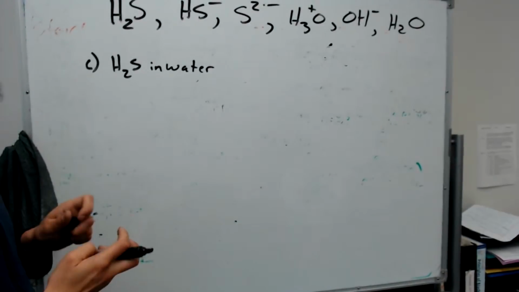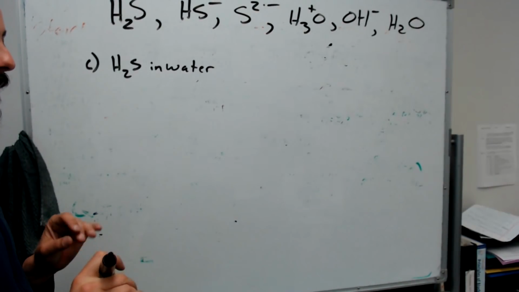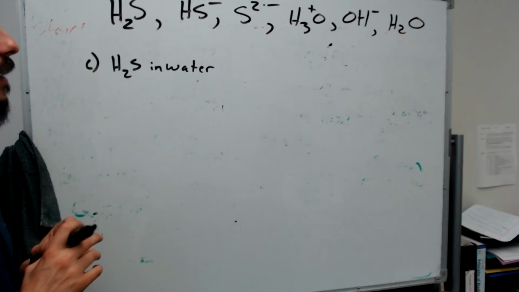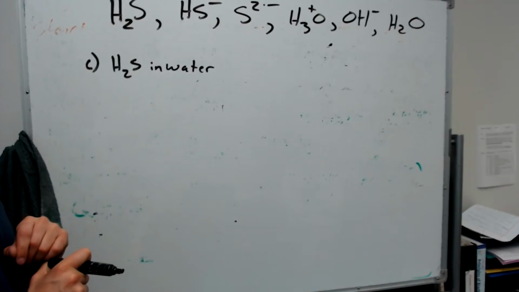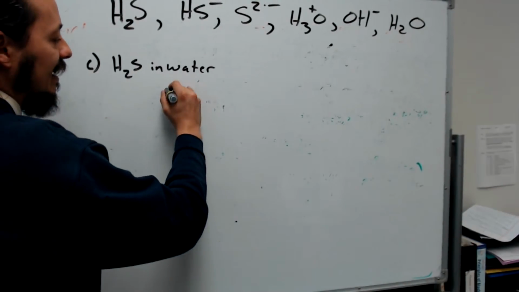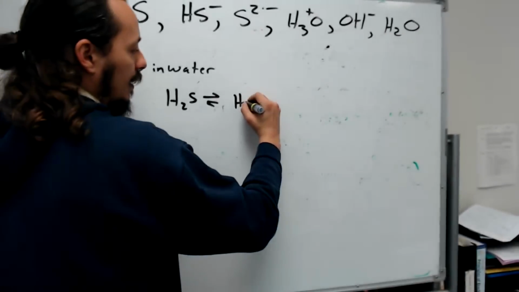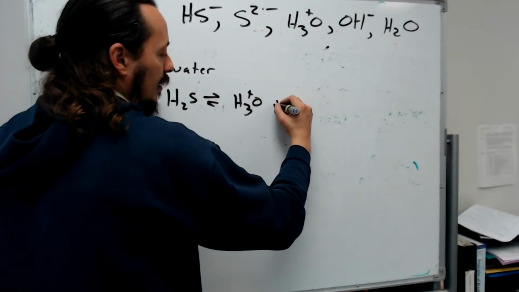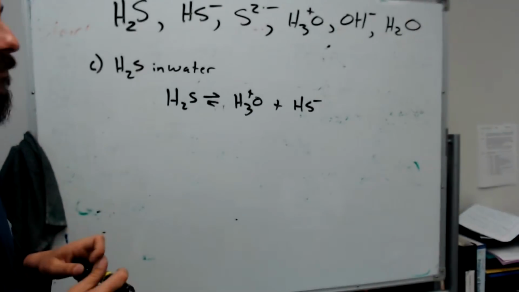Okay. So essentially this is qualitative, right? I didn't give you KAs or anything like that. So we can think about a couple things. Is H2S an acid? Yes. So the first thing we can say is that H2S is going to break down into H3O plus and HS minus. That's going to happen.